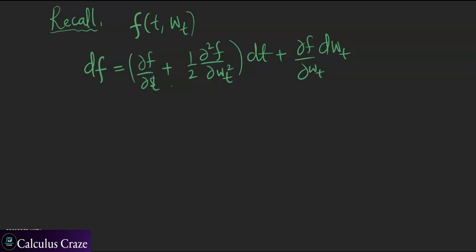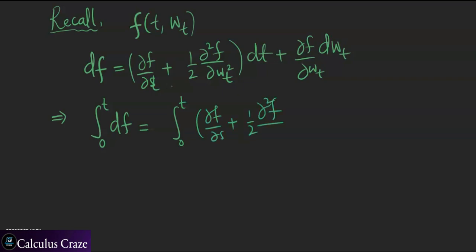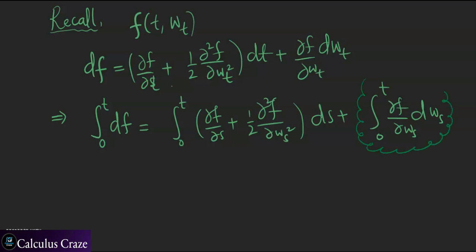And one more thing is, you can rearrange this: first you integrate and rearrange, then you can get the integral from 0 to t of df to be the integral from 0 to t of the partial derivative of f with respect to s plus 1 half second partial derivative of f with respect to Brownian, ds, plus the partial derivative of f with respect to Brownian, d Brownian, right? Now this is what we will be interested in most of the time.